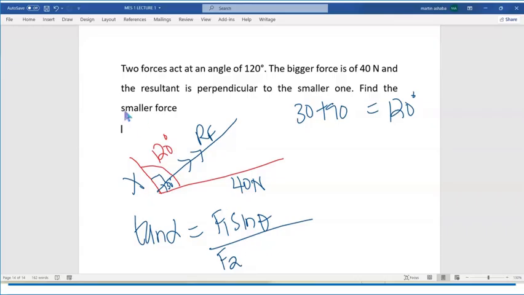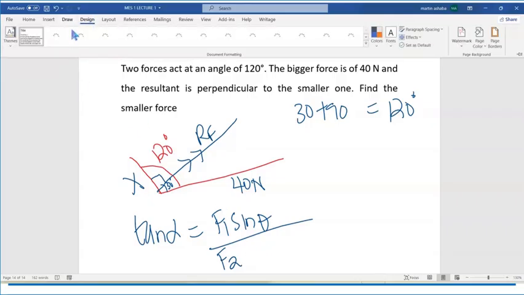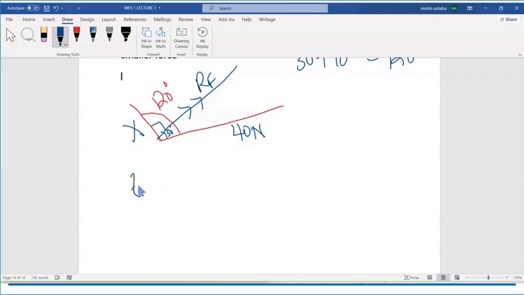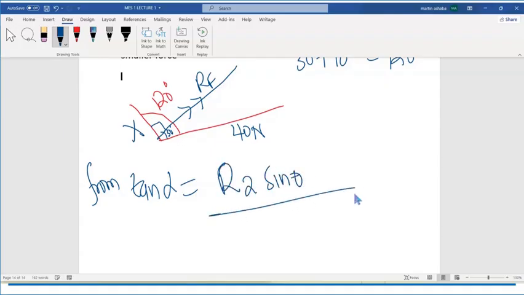Okay, let me use R1 and R2. So I'm saying tan alpha is equal to R2 sine theta divided by R1 plus R2 cos theta.